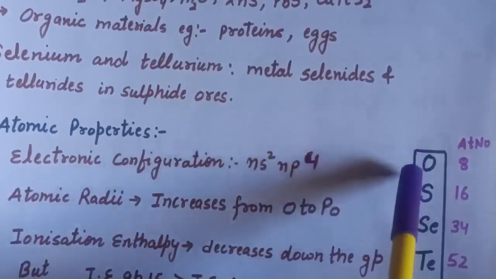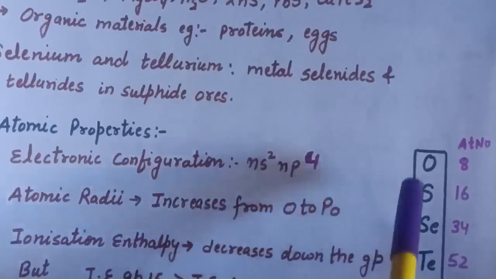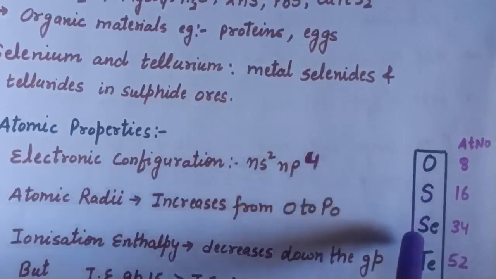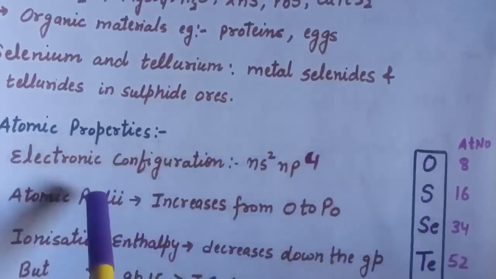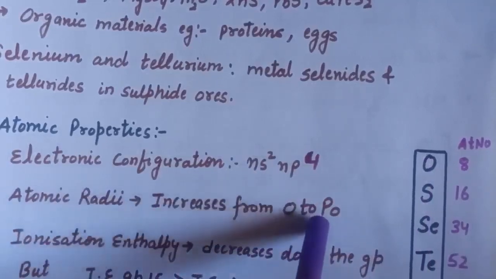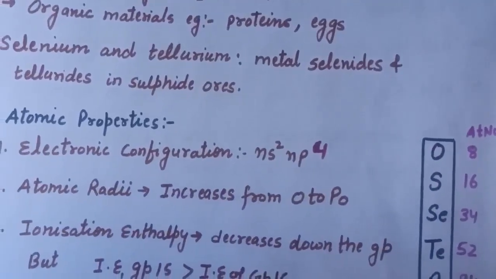So when we move in group 16 top to bottom, the value of n increases, that is there is addition of new shell, and that is why the radii increases from oxygen to polonium.